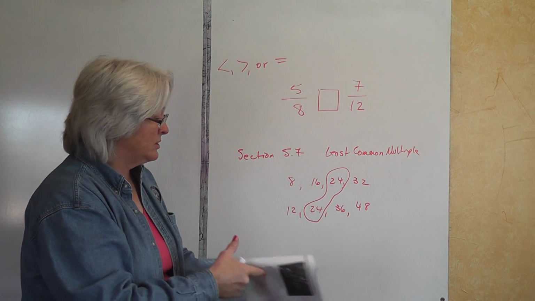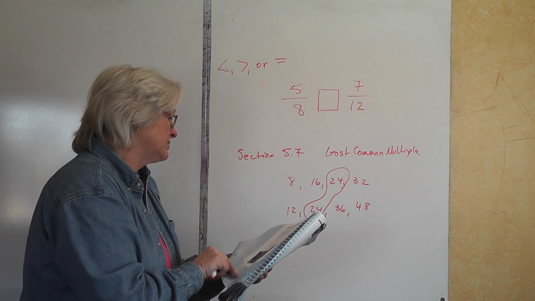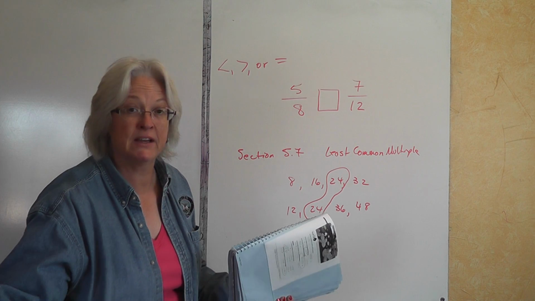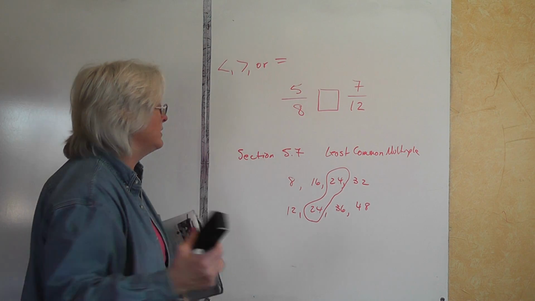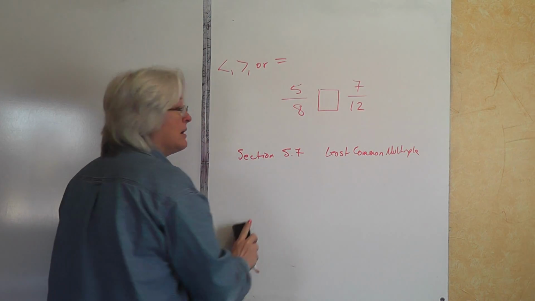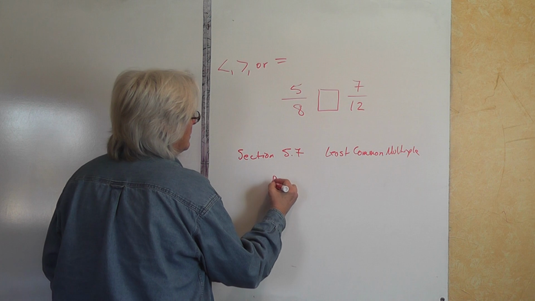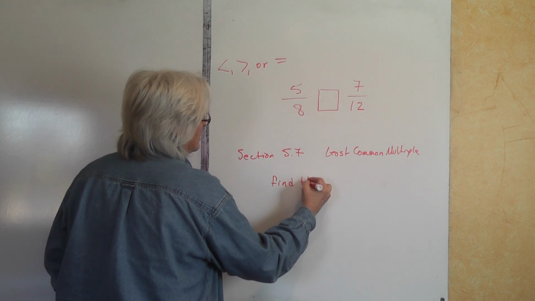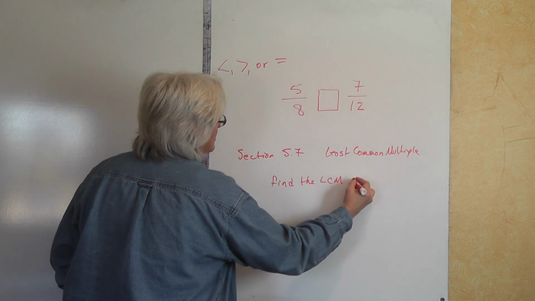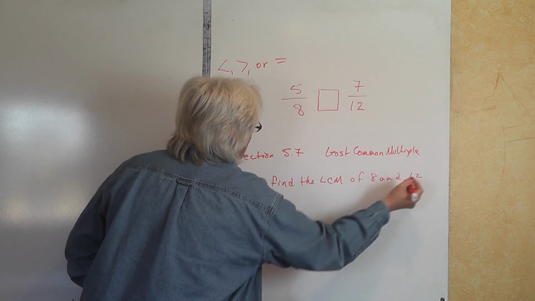Now let me show you. Yes, we're reviewing from 5.7, how you find a least common multiple. For example, we want to find the least common multiple of 8 and 12.